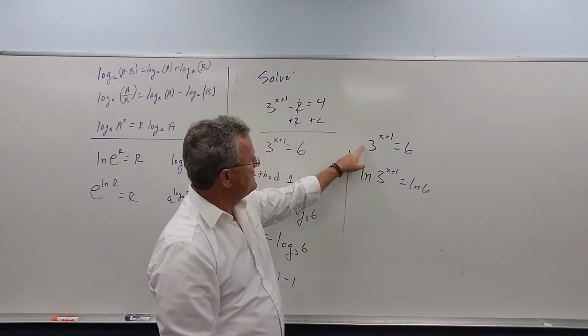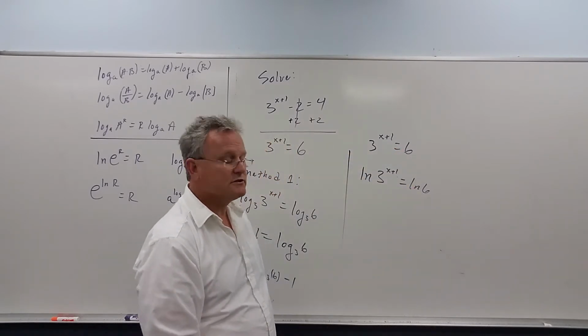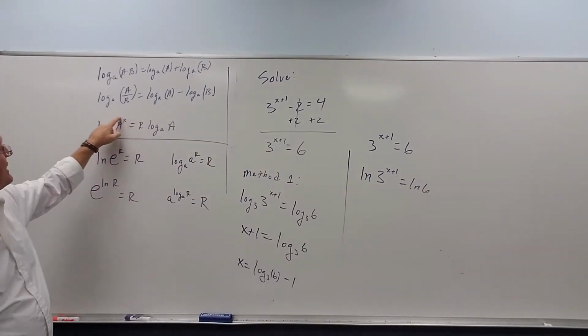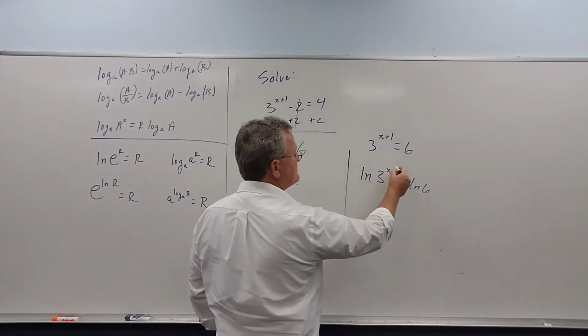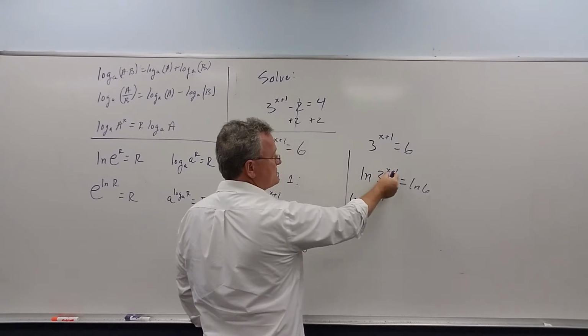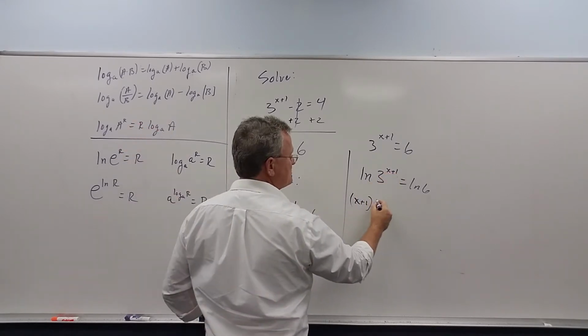So I took the natural log of 3 to the x plus 1 equals the natural log of 6. Now, this rule here says I can bring the exponent down in front. Make sure you use parentheses, because that whole thing is multiplied onto the natural log of 3.